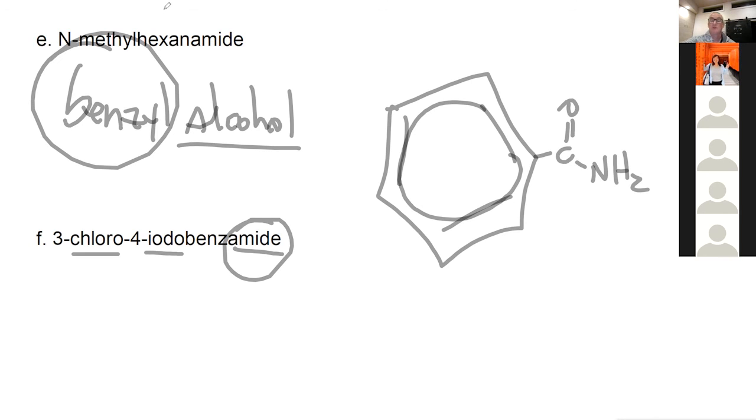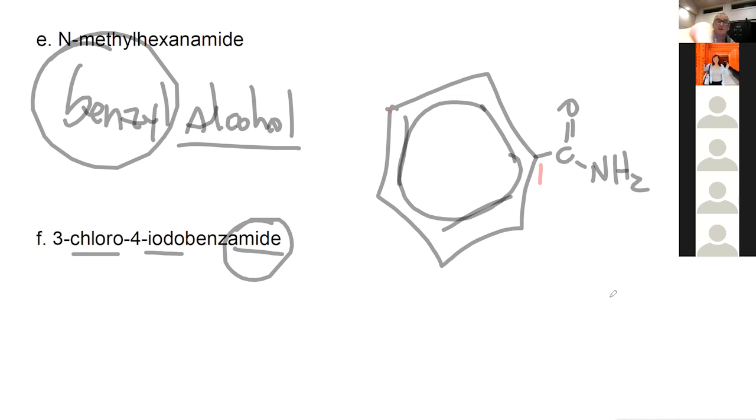The amide, that's where the amide is, right? So our carbon 1 has already been decided for us. This is carbon 1. So where is the chloro going to go? At 3, so two away from the amide group, right?